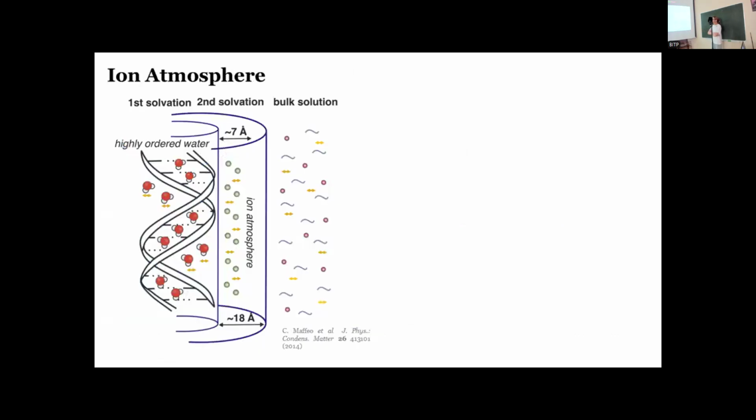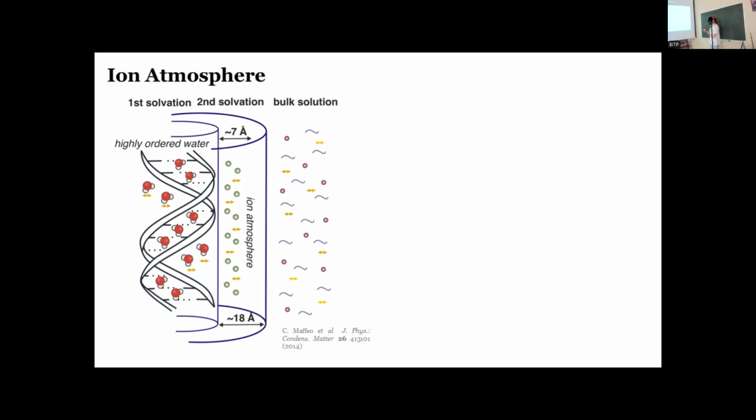But let me go slightly back to the structure of the hydration shell, specifically to the ion atmosphere that I mentioned before. Since DNA is a highly charged polyelectrolyte, it attracts positively charged ions, which form the ion cloud around the double helix.